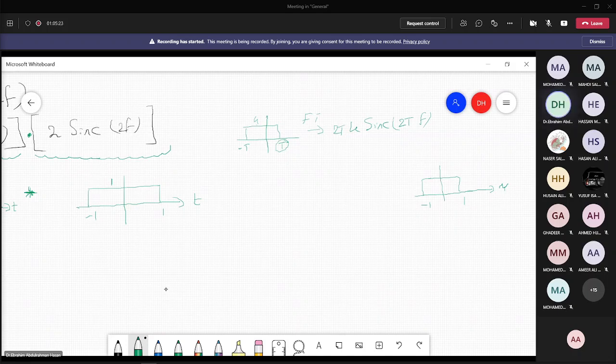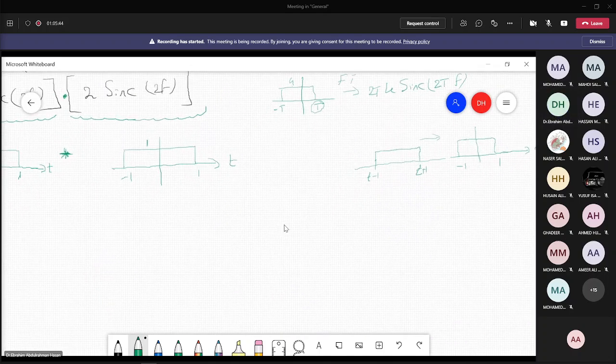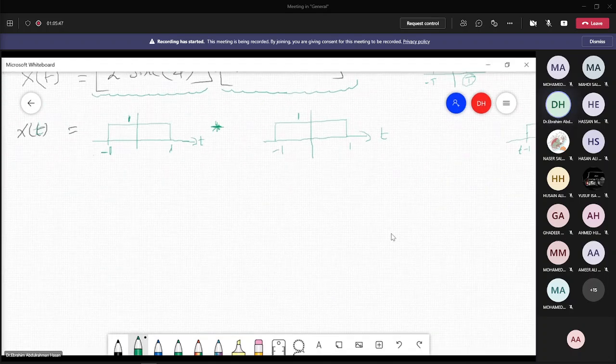The second one, as we said, we flip it and take it far, so this will be t plus 1, t minus 1. Then we move it like this, so you will get something.